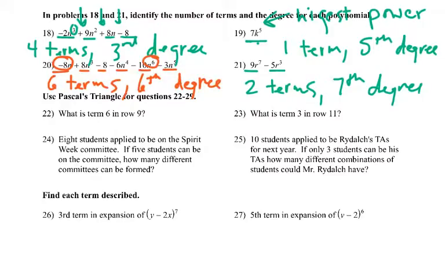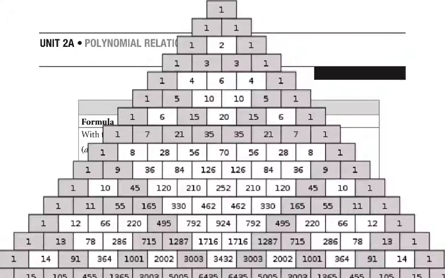Now, these last ones, we're using Pascal's triangle to help us out. So we'll start with some easier ones. The first one, what is term 6 in row 9? So remember, we start with row 0, then 1, 2, 3, 4, 5.